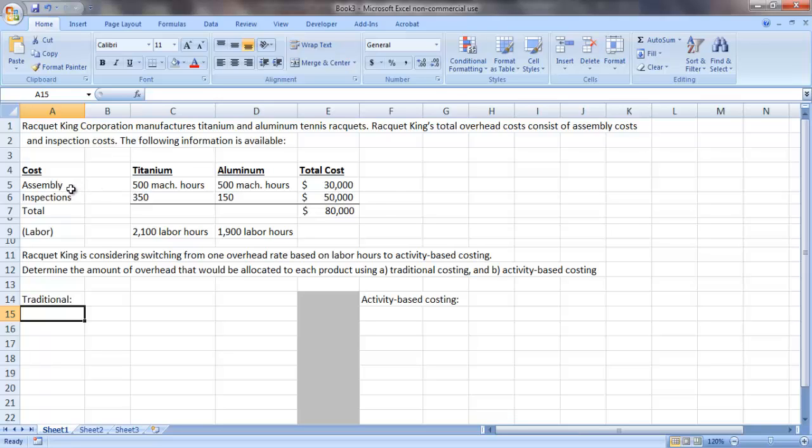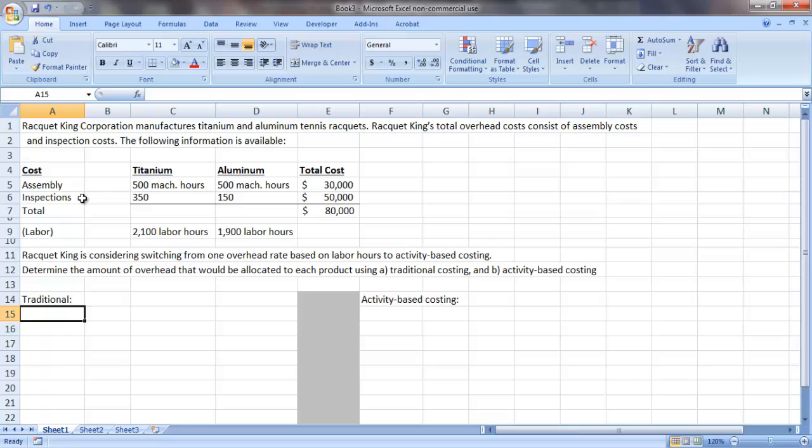In the assembly cost pool, there is total allocated overhead costs of $30,000. Assembly is based on machine hours, and the titanium racket is responsible for 500 machine hours. The aluminum racket is responsible for the same 500 machine hours.